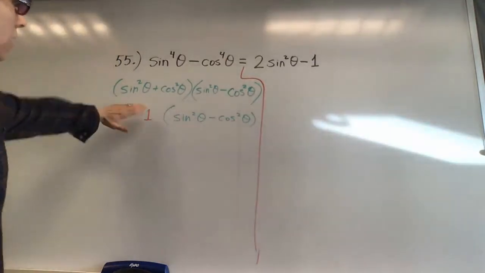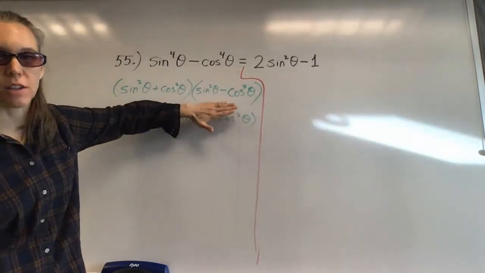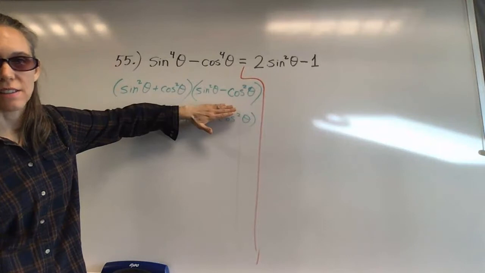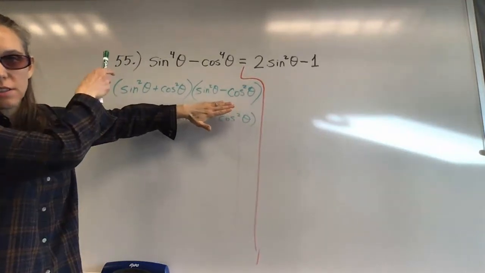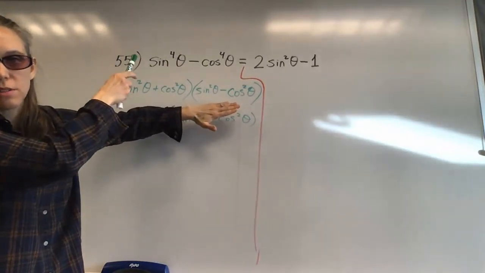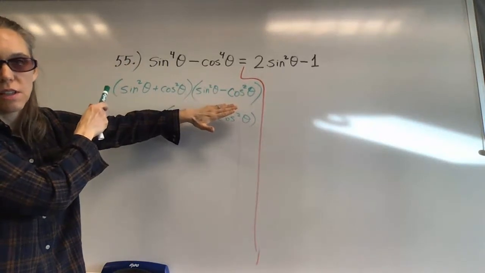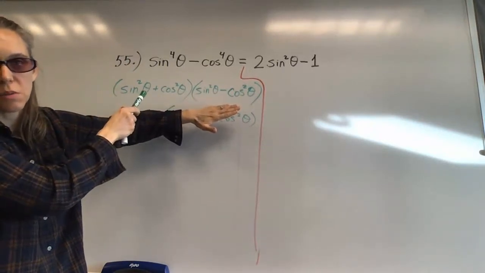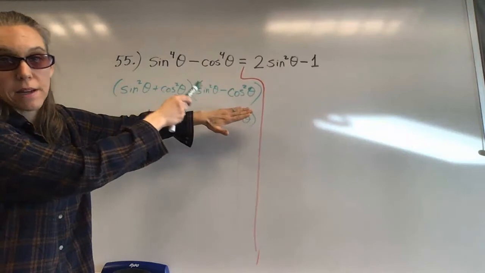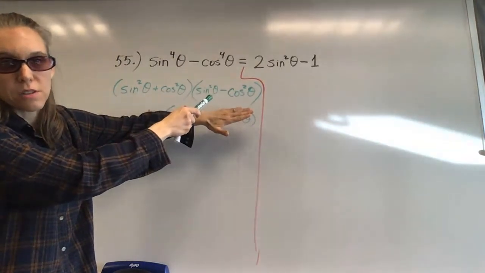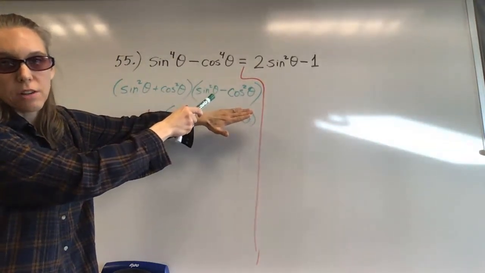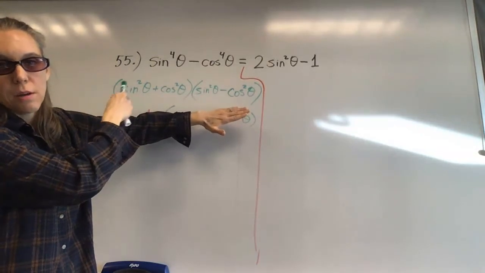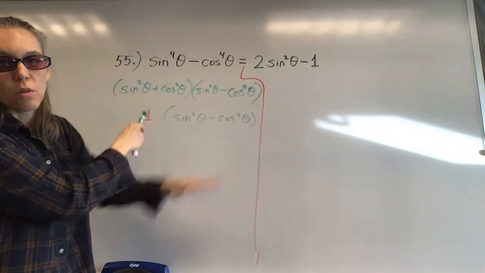What I have right here is first I made the observation that the difference of squares, sine to the fourth minus cosine to the fourth, can be split into sine squared plus cosine squared times sine squared minus cosine squared. So that's your difference of squares. And then you can replace sine squared plus cosine squared with 1.